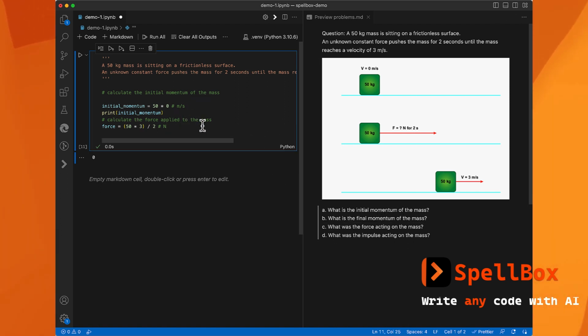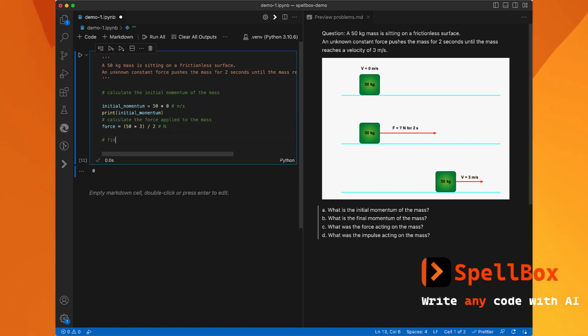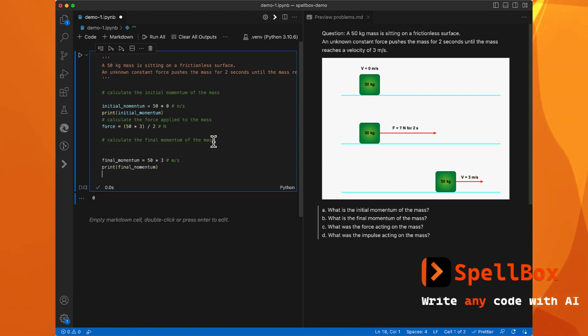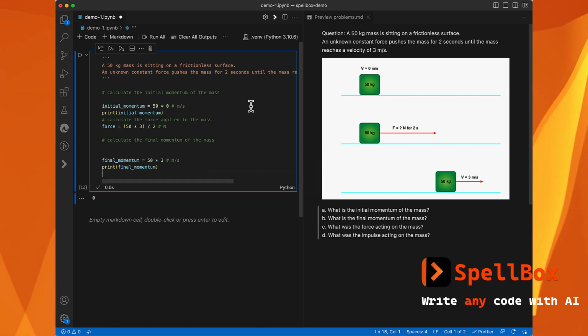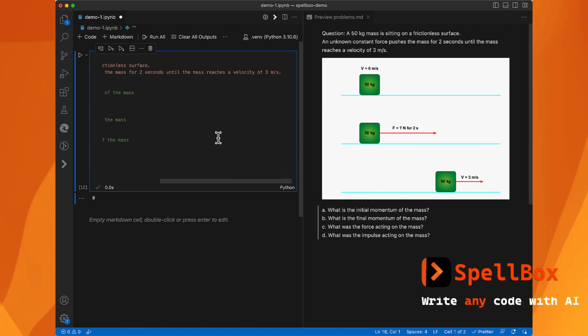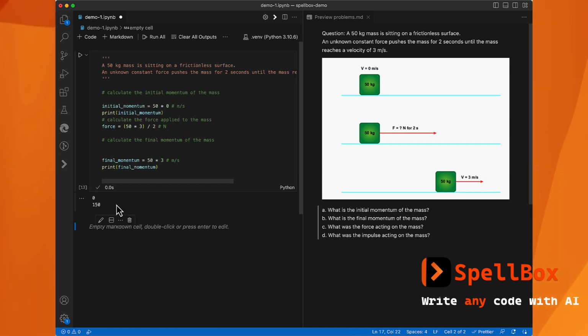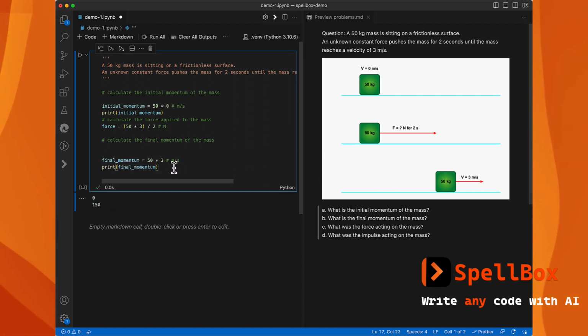So we can simply do it using the same principle, and the final momentum is the mass multiplied by the final velocity, because the final velocity is simply 3 meters per second as stated in the prompt of the problem. And so we can print it, and we can see that the final momentum is 150 kilogram meter per second.